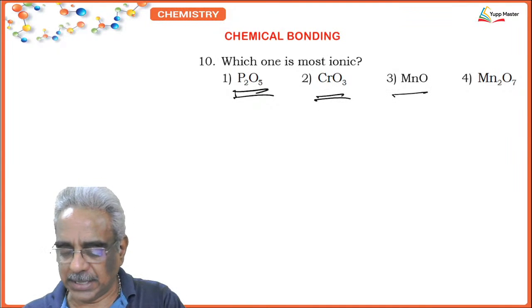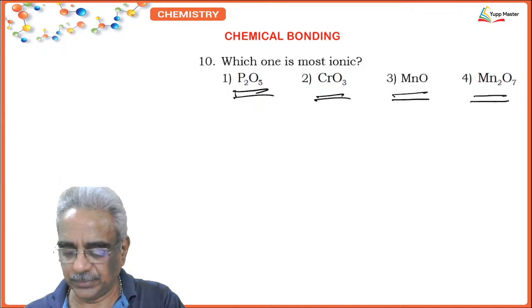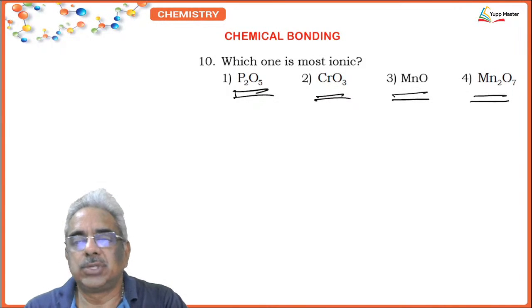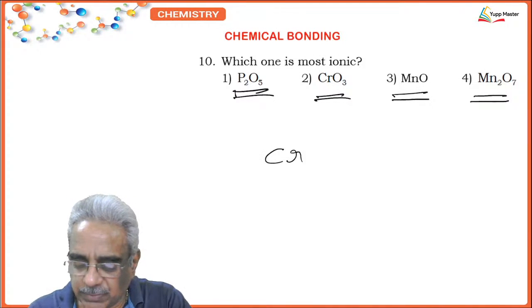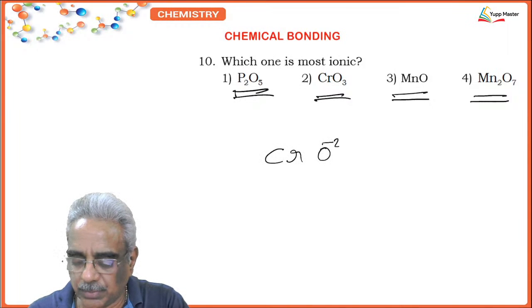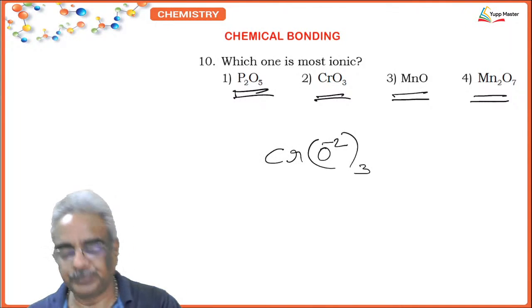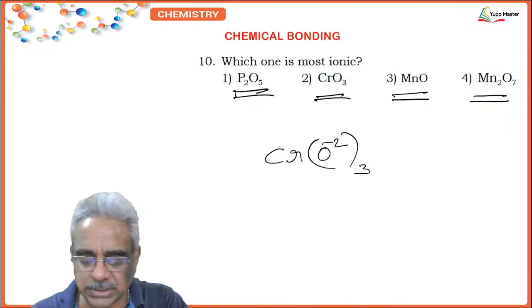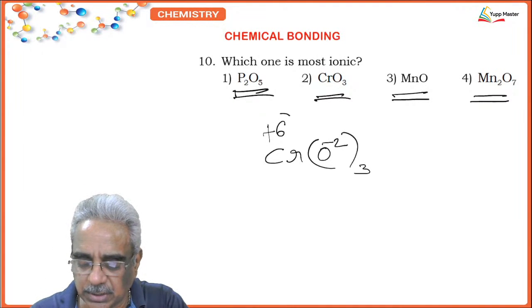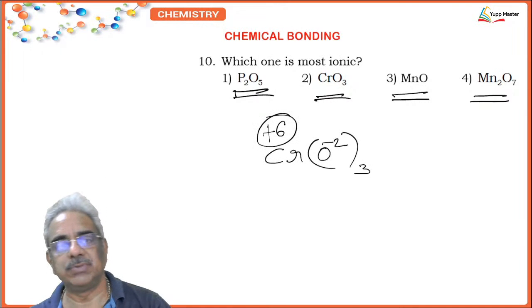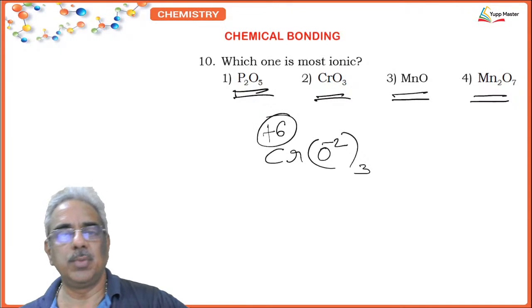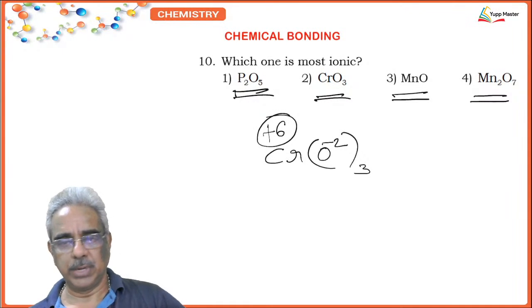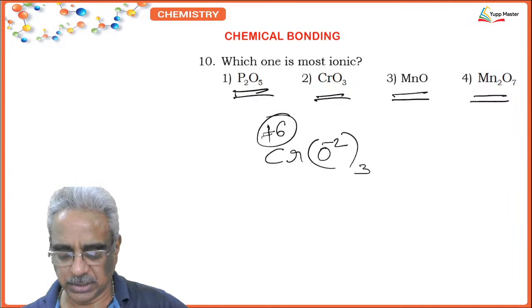Chromium is there, manganese is there, manganese is there. This chromium is now attached with 3 oxygens. So chromium oxide means -6 contribution from oxygens. So this chromium is in what state? Extremely positive state, highest state. Chromium belongs to 6th group. It has got +6 oxidation state. Means what?